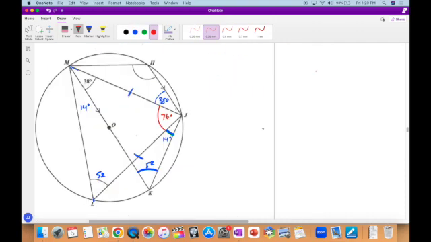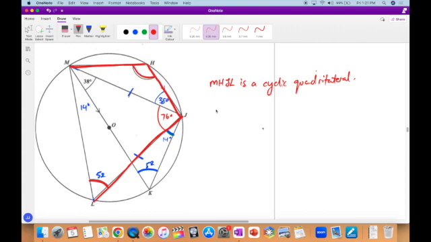And now we want to find the angle JHM. So we could see here that MHJL is a cyclic quadrilateral, where the angle at L is opposite to the angle at H. Opposite angles of a cyclic quadrilateral are supplementary.